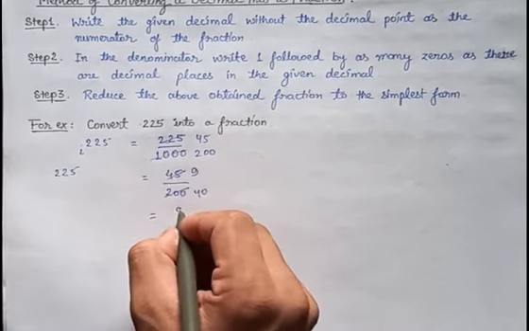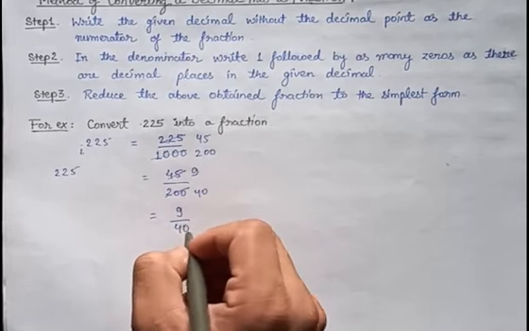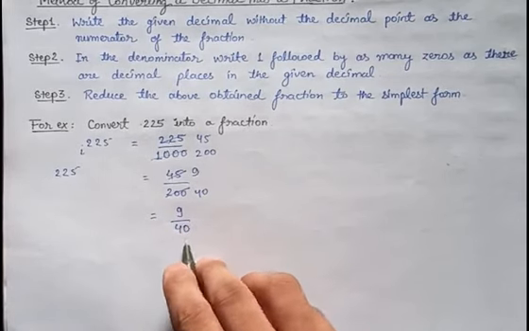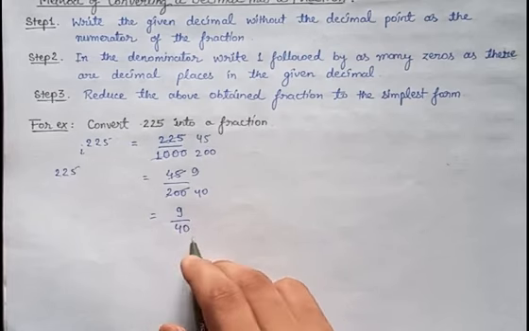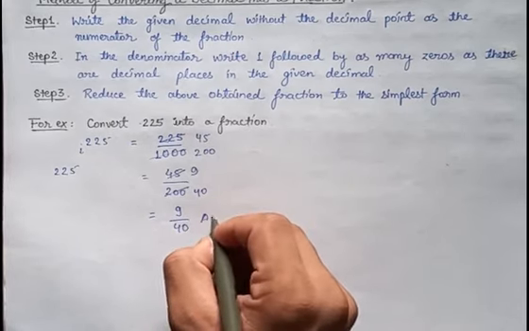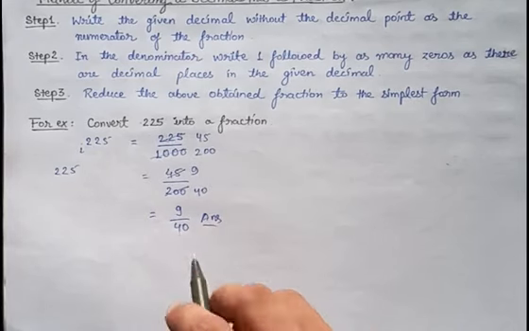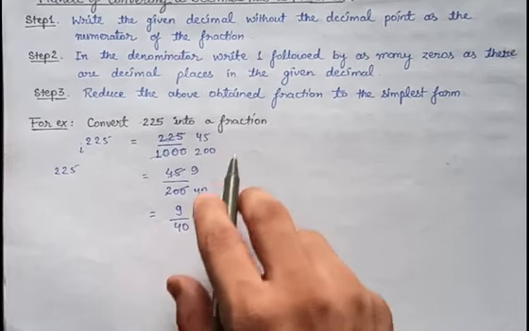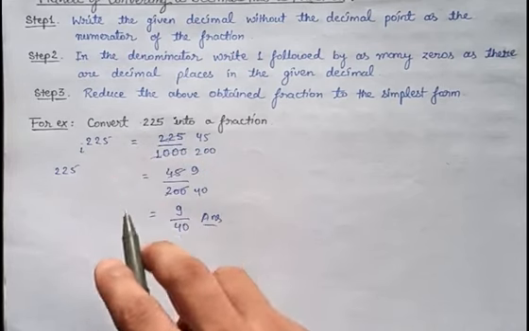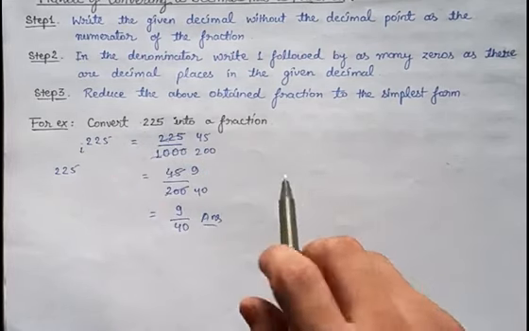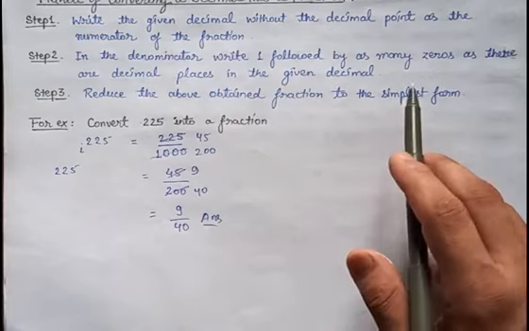So we have 9 by 40. Now it cannot be simplified further because 9 and 40 have no common factor. So this is our required answer. Or we can say 9 by 40 is the equivalent fraction of the decimal 0.225. So this is the way of converting a given decimal into a fraction.